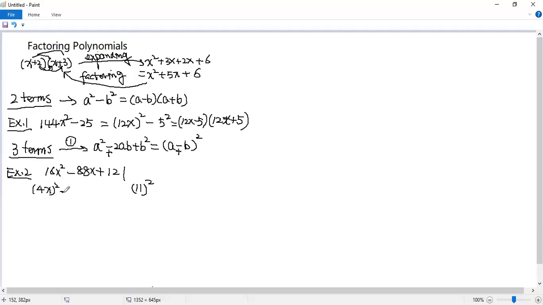Here a is 4x and b is 11. Let's check: 2 times 4x equals 8x, and 8x times 11 equals 88x. Good, so they are equal. Then the outcome is (a minus b) squared, which is (4x minus 11) squared.